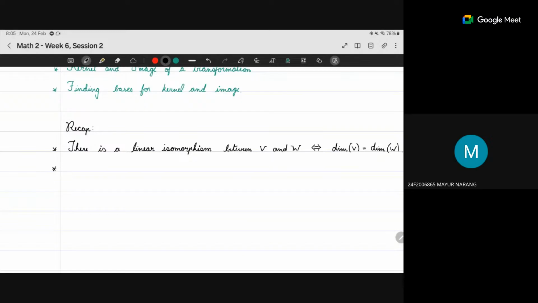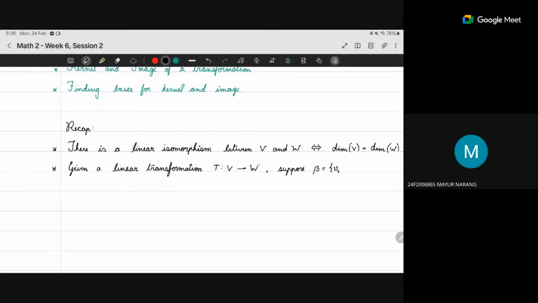And the other thing that we saw was how to associate a matrix to a linear transformation. So given a linear transformation T from V to W, where V and W are vector spaces, suppose beta and gamma, with W1 up to Wm, are bases for V and W respectively.